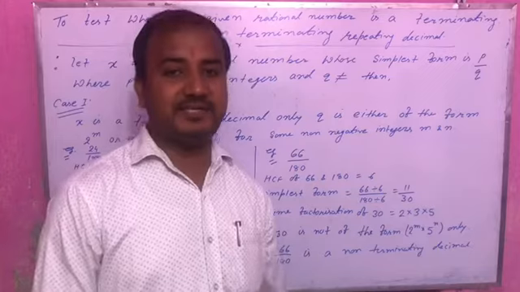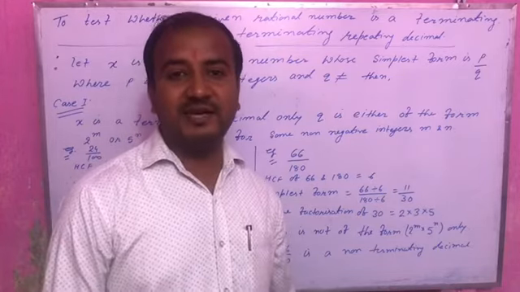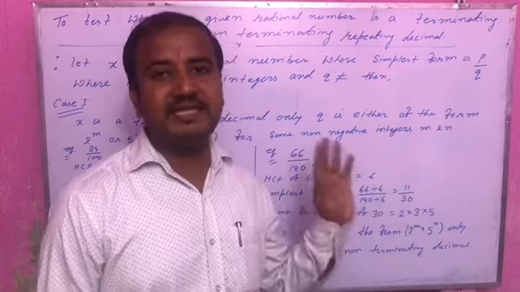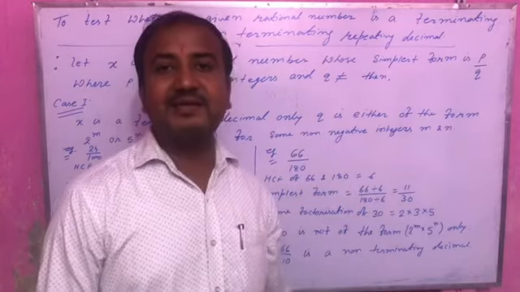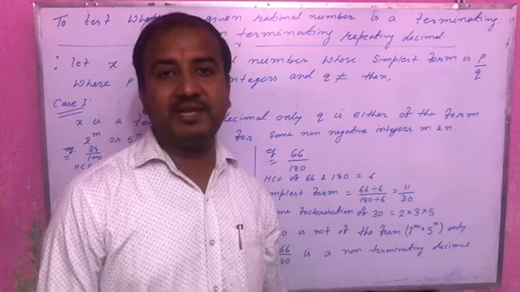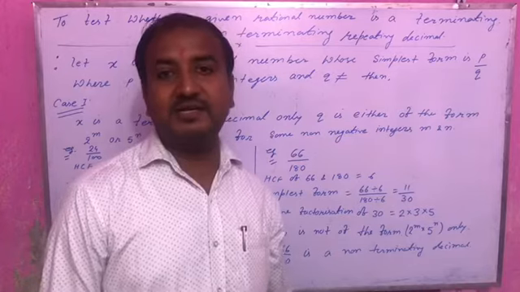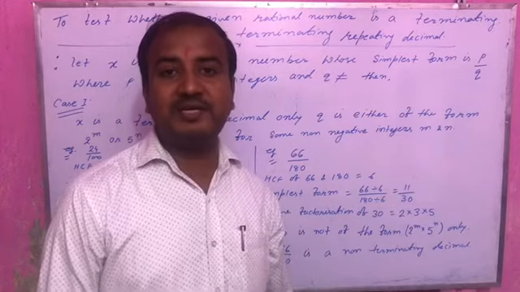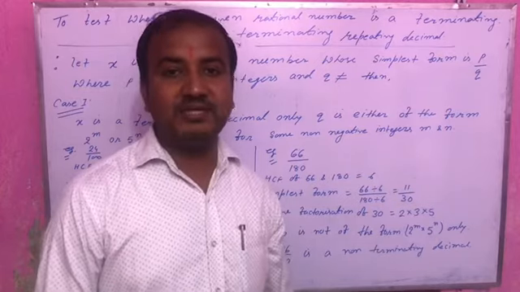non-terminating repeating decimal. In our previous video for standard 9, we had seen the same topic, to test whether a rational has a terminating decimal or non-terminating repeating decimal by using the actual division method. You can also check this by using the actual division method.